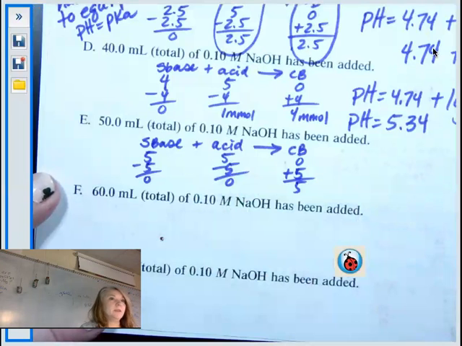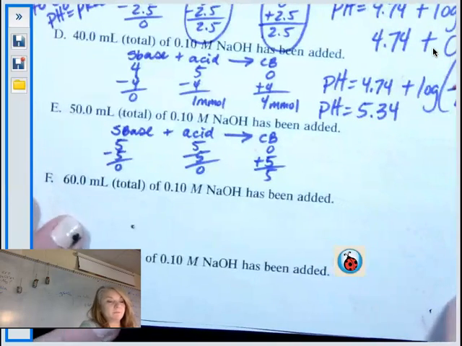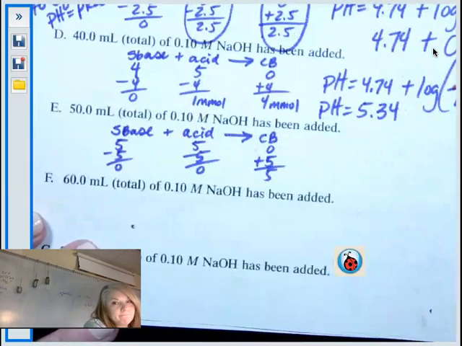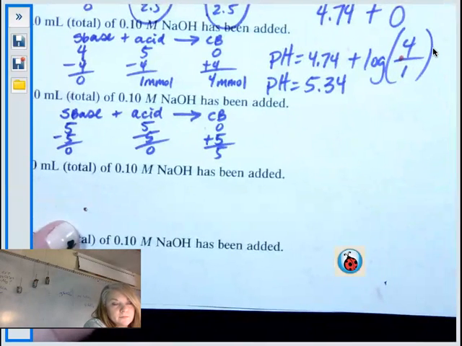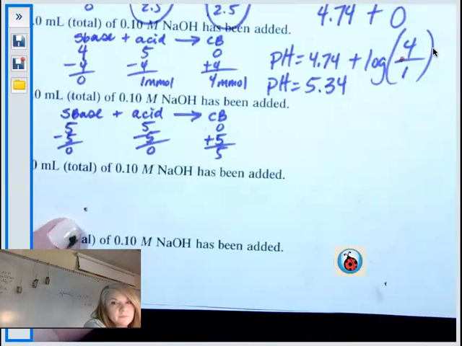If you put into the Henderson-Hasselbalch equation conjugate base over acid, that would be 5/0, but you can't divide by 0. So we're going to have to work this one a different way.